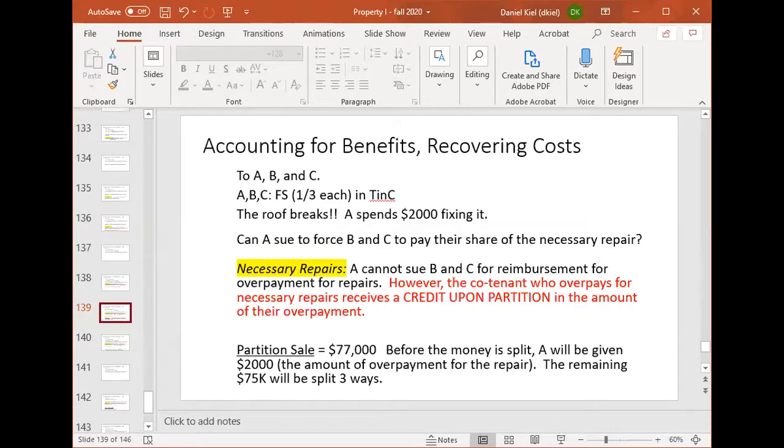So in that hypo, when A sells their sticks, would they only have to pay their portion of the overpayment? So they would just pay 1,000? When they sell, why are they paying anything? If they're selling it, aren't they getting money? Oh, I'm sorry. I meant that 1,000 would come out of the proceeds from that sale.